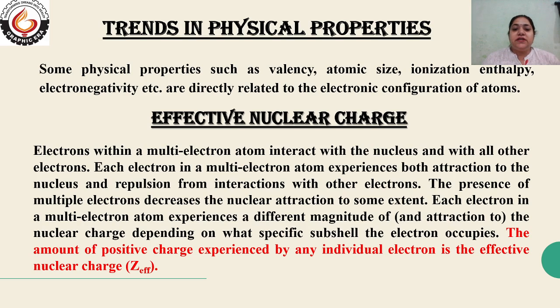If it is in the second shell, it will feel somewhat less. The amount of nuclear charge felt by an electron also depends on the total positive charge present in the nucleus. So overall, the amount of positive charge experienced by any individual electron is the effective nuclear charge.